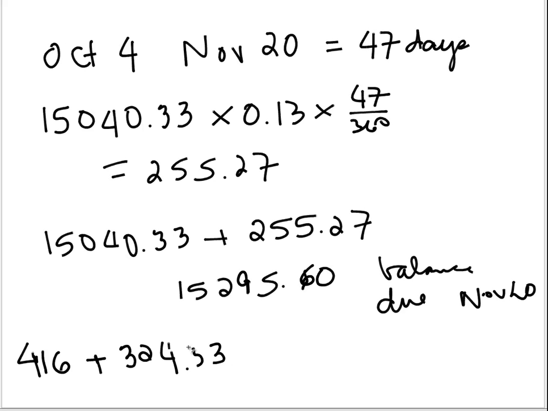The last part is when we actually paid the loan off on November 20th, and at that point we paid $255.27 in interest. So the amount that we've paid in interest total, I'm just going to add up these three amounts: $995.60. Okay. I hope this helps you.